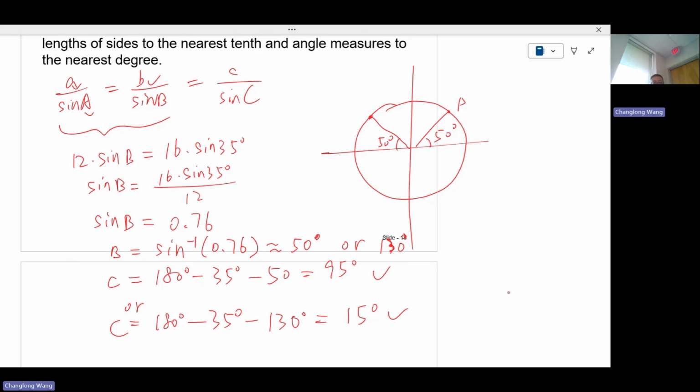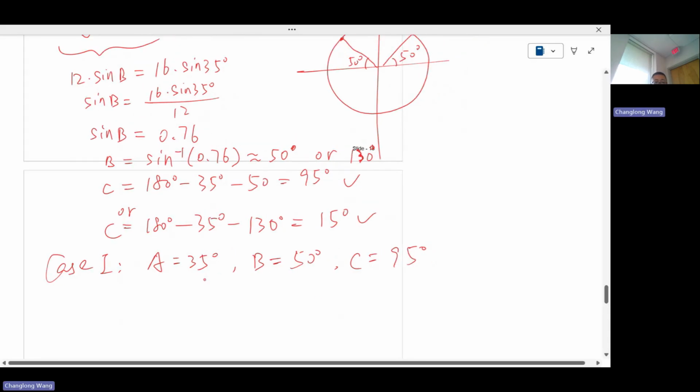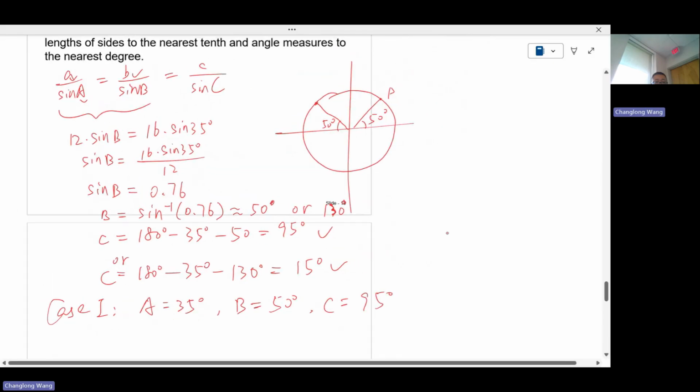So now, let's say you have the first case, case number 1. So A is 35, B is 50, C is 95, right? Now what do we have?